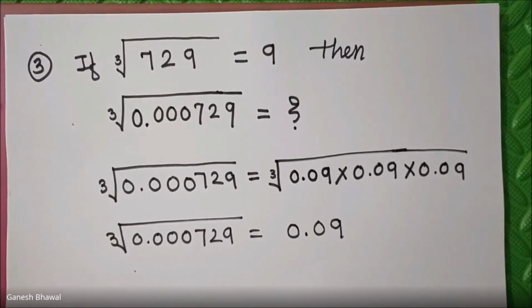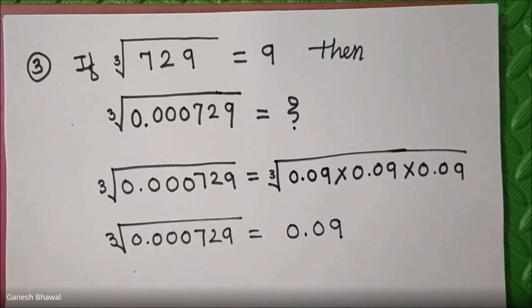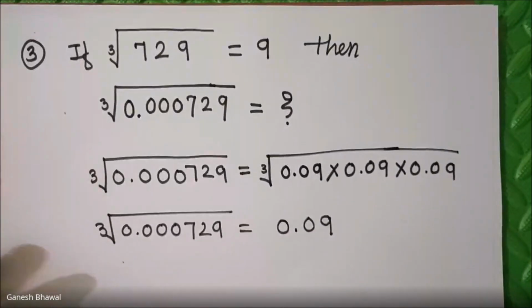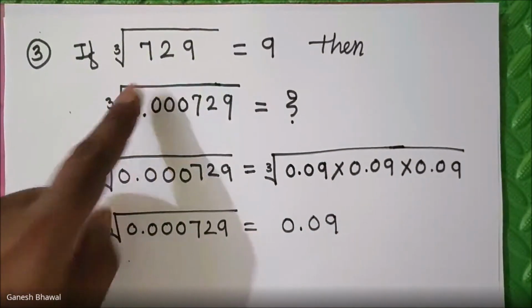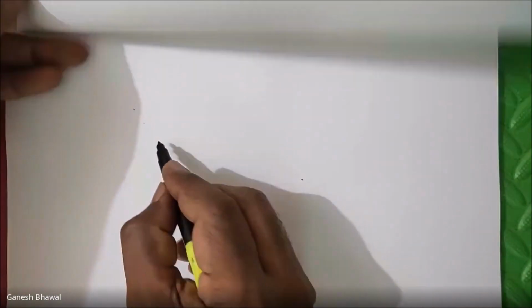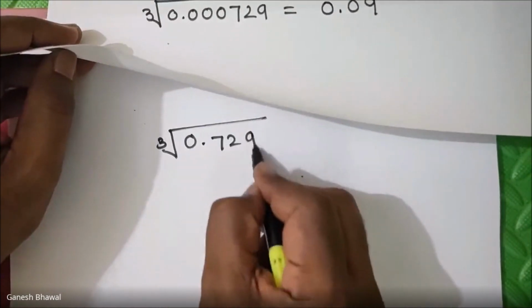One extra question. Be ready to type the answer in the chat box. The extra question is related to this question itself. And the question is, what if, type it fast, 0.729?